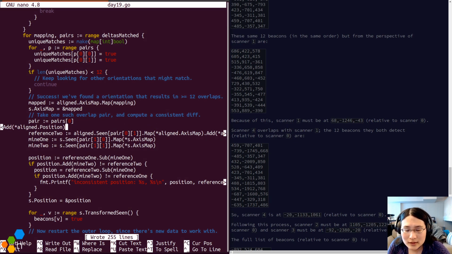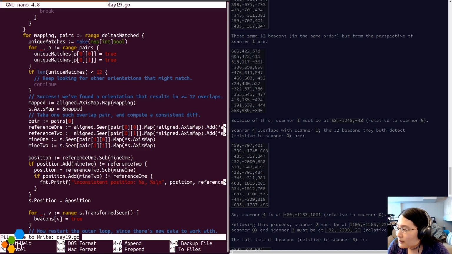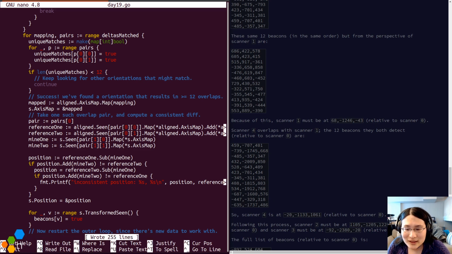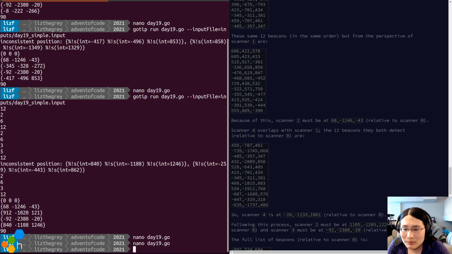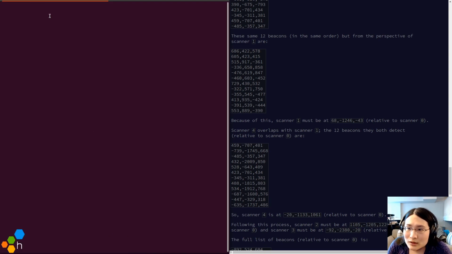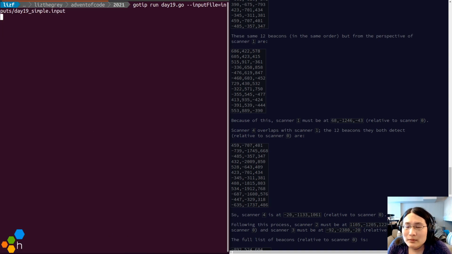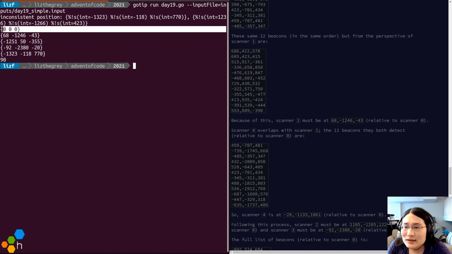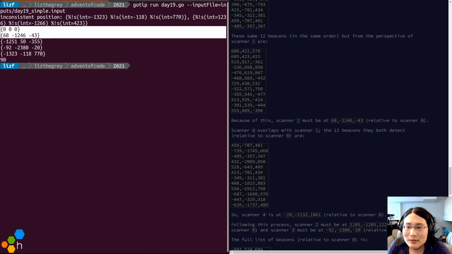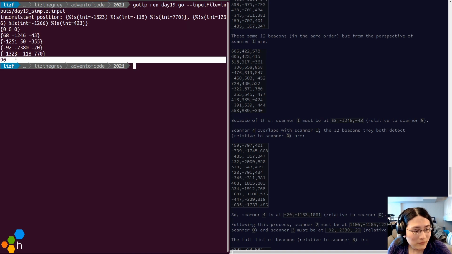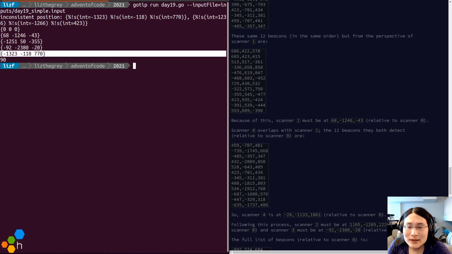So given what I'm seeing here, the problem is that I'm not correctly identifying scanner 4. If I run this program again, what we see is scanner 0 is of course in the correct place, scanner 1 is in the correct place, but scanner 4 is in the clearly wrong place.